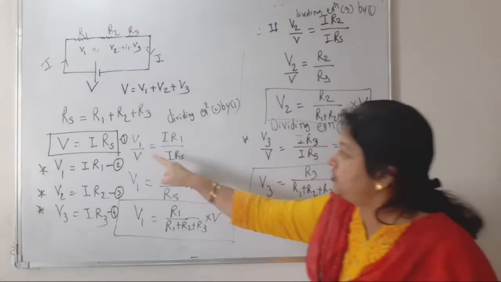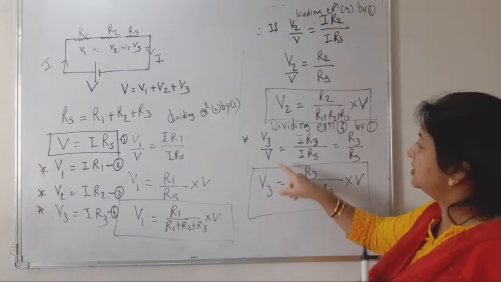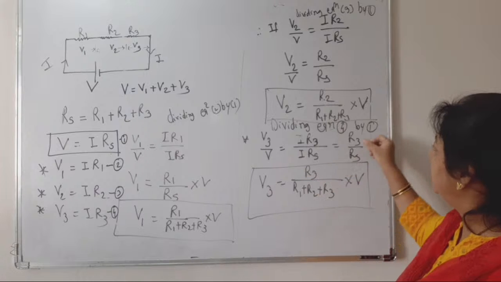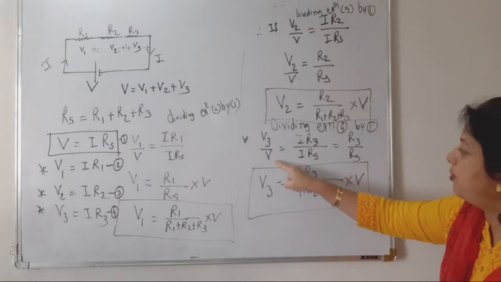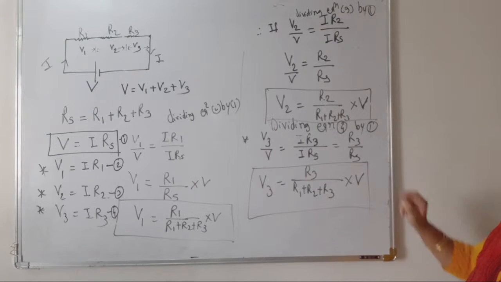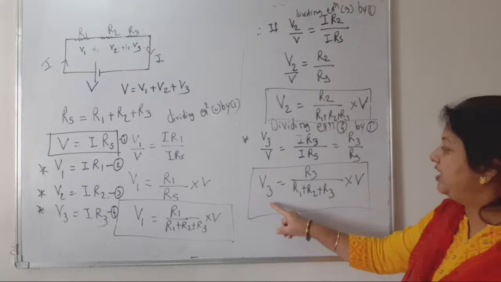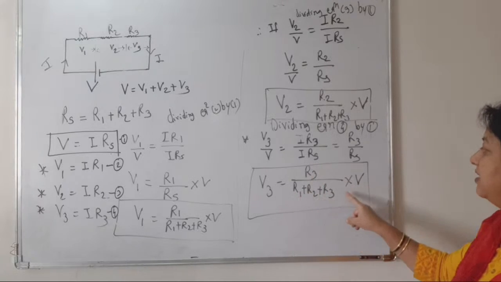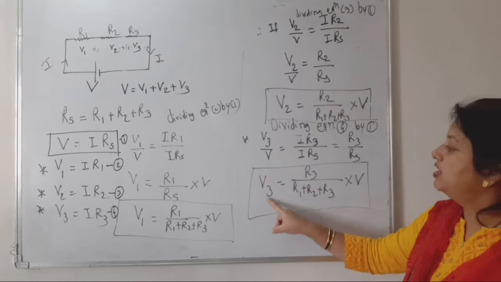What is your first equation? V is equal to IRs. So again I cancels. Then this equation becomes V3 upon V is equal to R3 upon Rs. Therefore, V3 is equal to R3 upon R1 plus R2 plus R3, multiplied by V. This is the equation for V3.